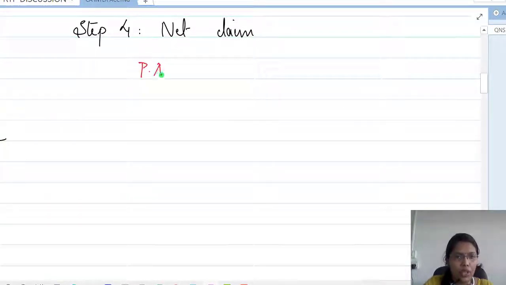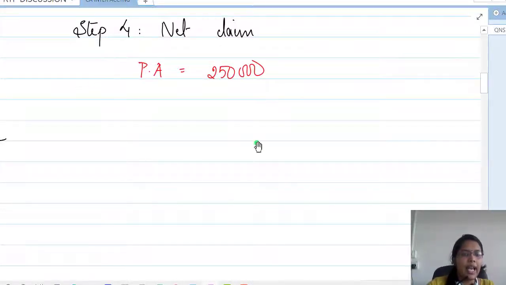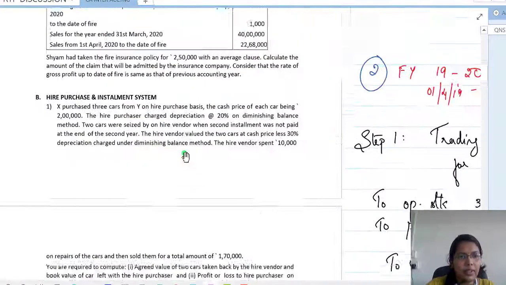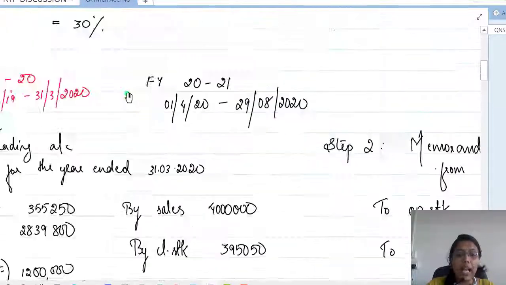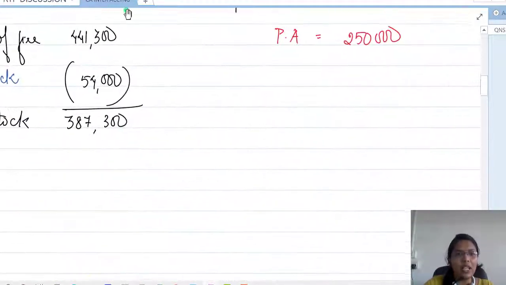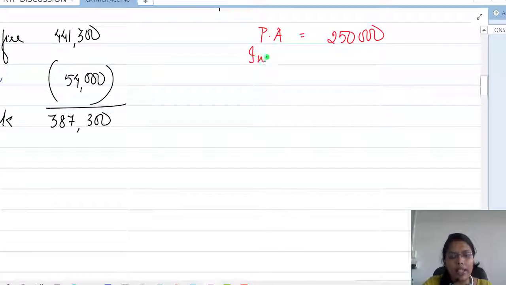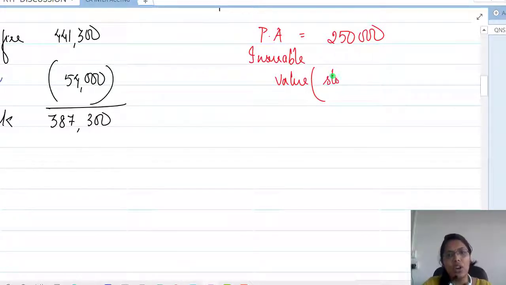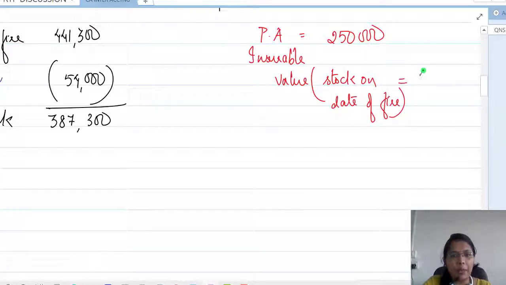One is the policy amount, which is 2,50,000 in this question, and also you will have to consider the insurable value, that is the amount that he should have actually insured. And insurable value for loss of stock policy is the stock on date of fire, which in this question we have arrived at in the previous step as 4,41,300.